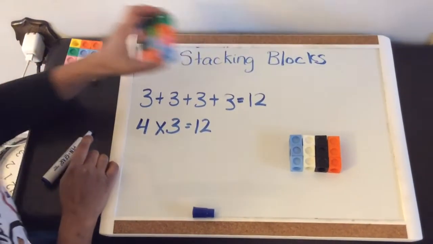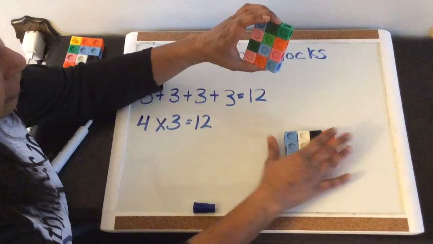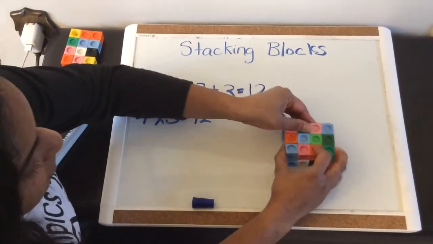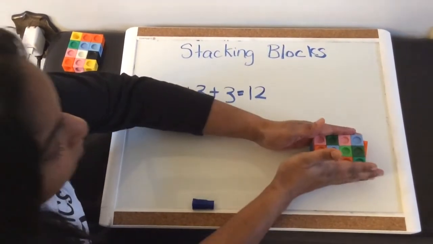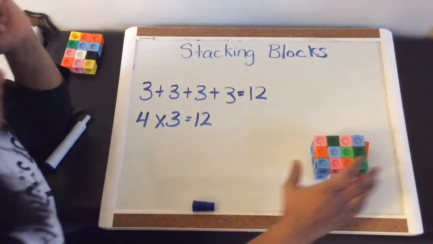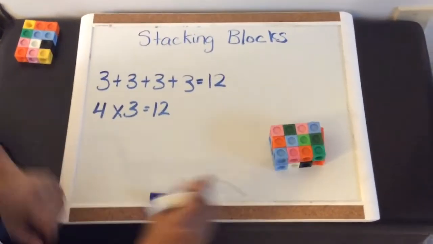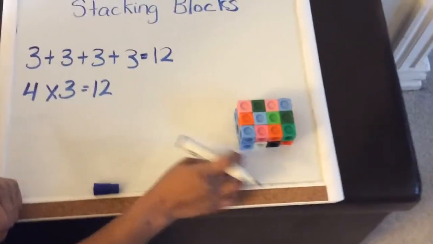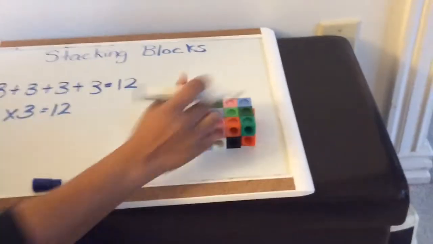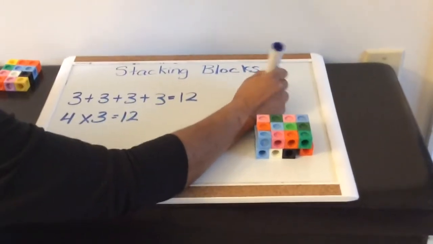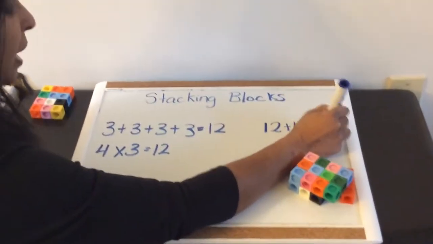Now I'm going to add another layer exactly like this on top. Okay, so now how many cubes have I used? Now I'm starting to make my rectangular prism here. So if I knew that there were 12 on the first layer, then that means there are 12 on the second layer, and 12 plus 12 equals 24.